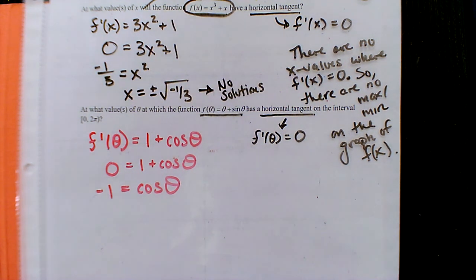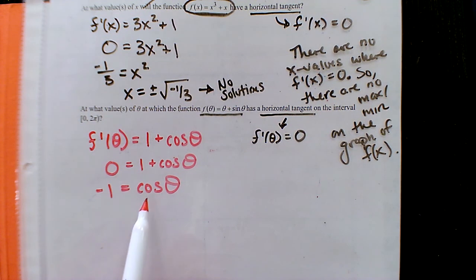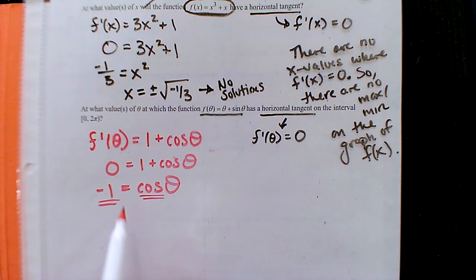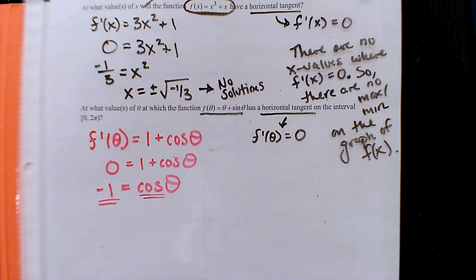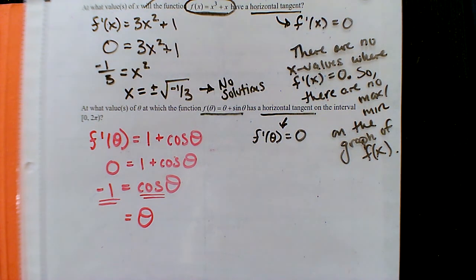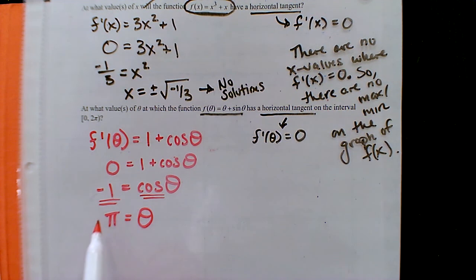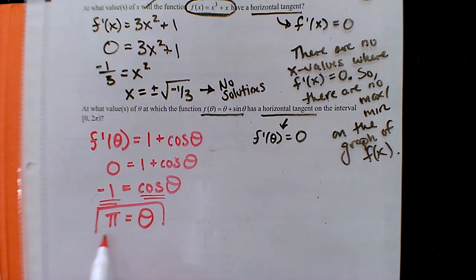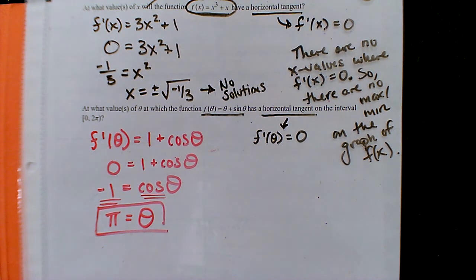On the unit circle, at what radian location does cosine have a value of -1? Pi. Good. That's the only location. Sometimes there are 2, those are the tricky ones, but in this case that's the only one.